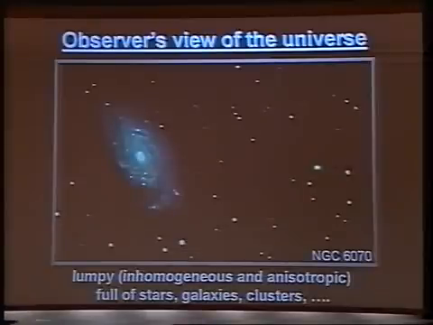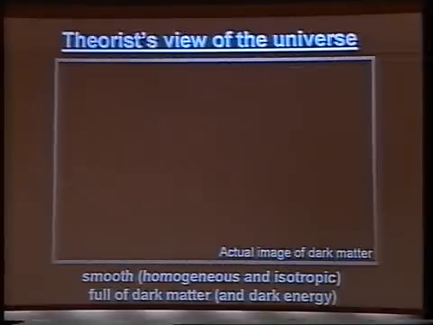First, let me remind you of the observer's view of the universe, that the distribution of matter is inhomogeneous and anisotropic, that the universe is full of interesting things to look at, stars, galaxies, clusters, etc. This is the observer's view of the universe, which can be contrasted to the universe as described by a theorist. So to a theorist, the universe obeys the cosmological principle. The universe is homogeneous and isotropic. It's completely smooth. So which point of view is correct?